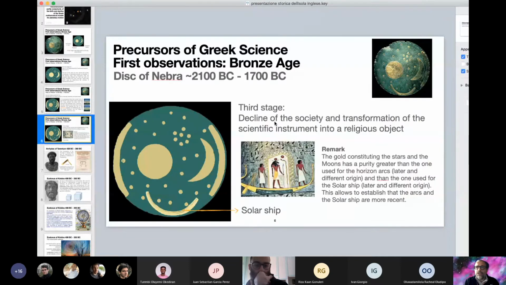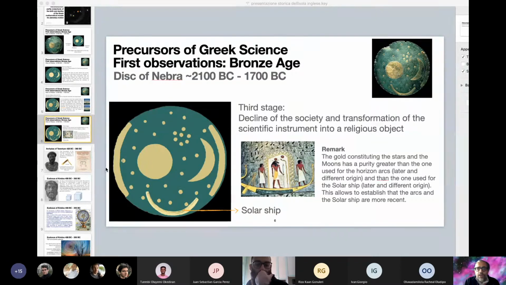Okay. Then you have the religious degeneration. You have the decline of the society and the transformation of the scientific instrument into a religious object. Probably after a while, the teachers did not manage to be followed by willing students.